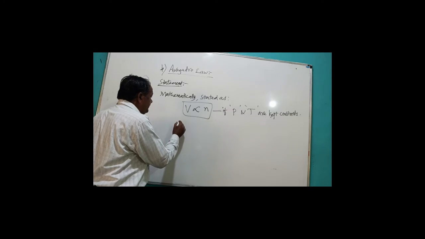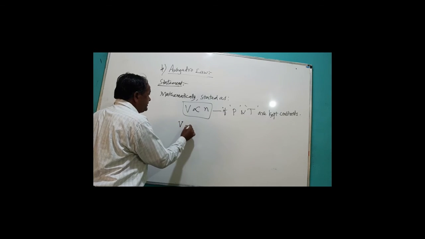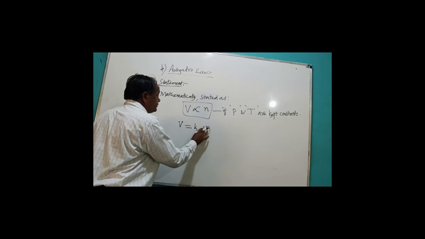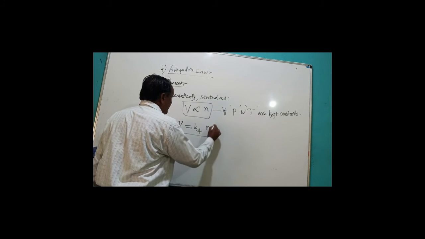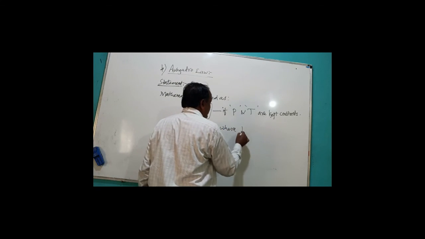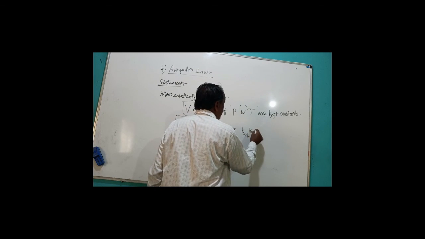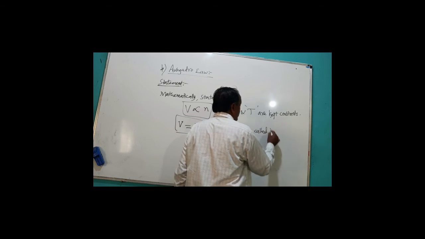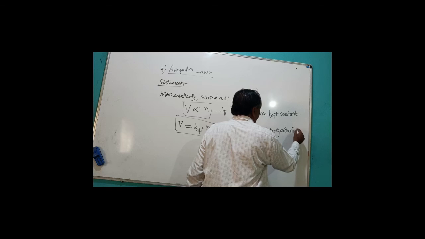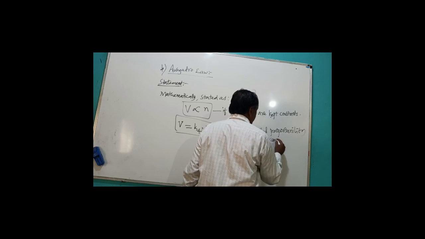So this is simplified as V is equal to K4 into n, where K4 is called the proportionality constant.